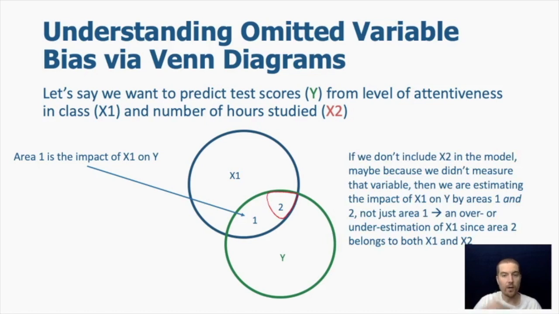Because of that, if we don't include x2 in the model, maybe because we didn't measure that variable, then we are estimating the impact of x1 on y by areas 1 and 2. We're including both of those. 2 should be thrown out because we know it has stuff to do with other variables. What this does is, for our R squared and things like that, it's an overestimation of the effect of x1 on y.